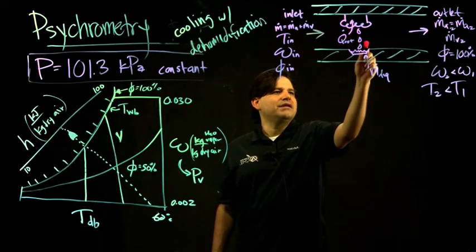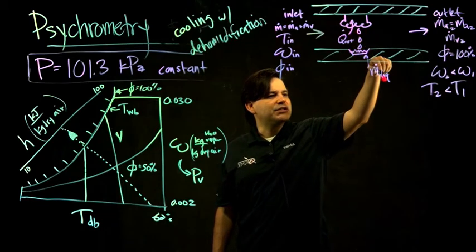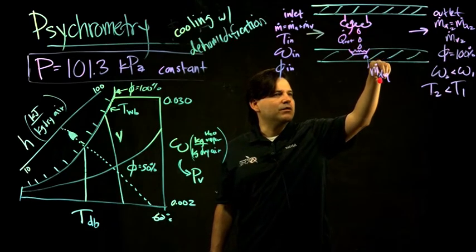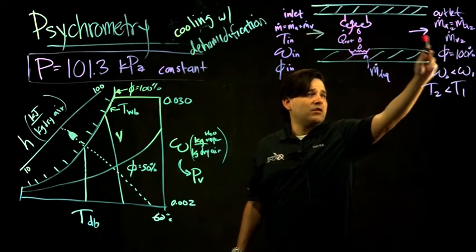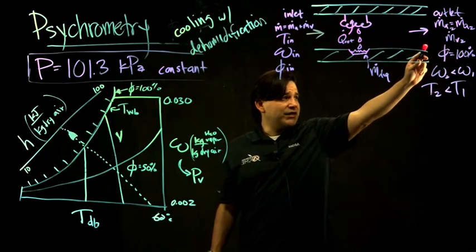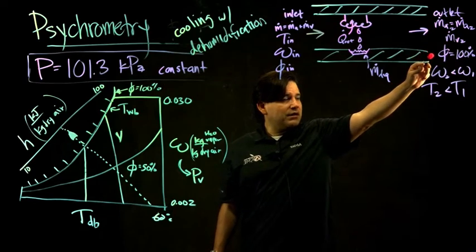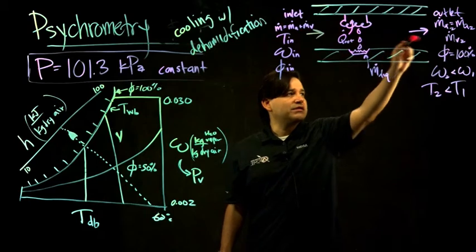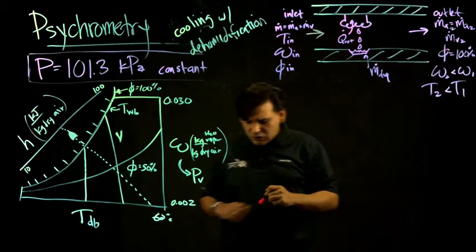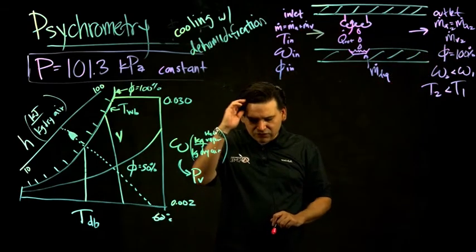Then when you condense, water leaves in a separate stream as a liquid, compressed liquid, or a saturated liquid. Then the rest of the water stays with the gas phase, but that's where the balance is. You start off with some water, some of it leaves this way, some of it leaves that way. So you need to keep track of that balance to solve this problem.